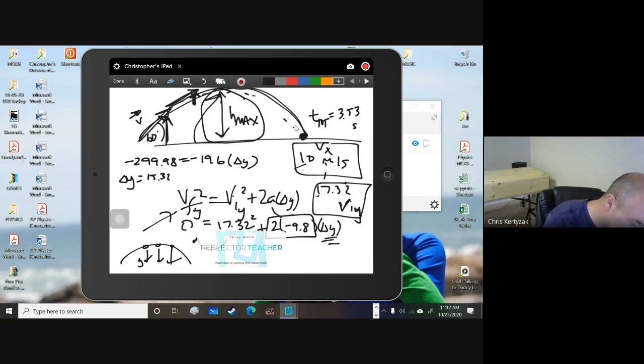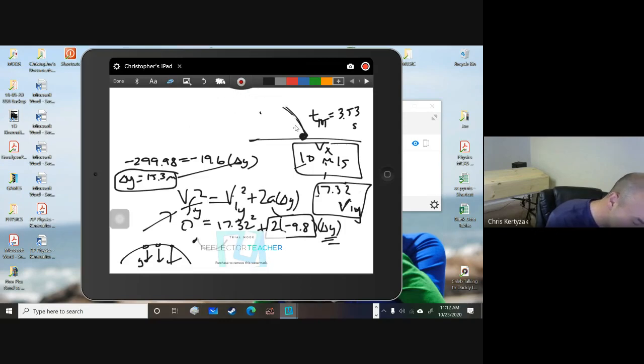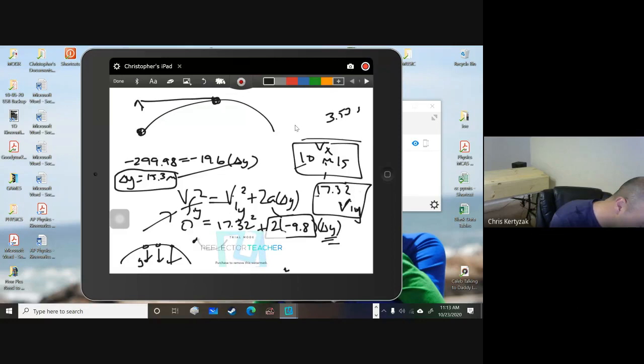15.3. Just remember, delta y is the vertical displacement. So when we go like this and say it started here, but it ends here, this is considered delta y.